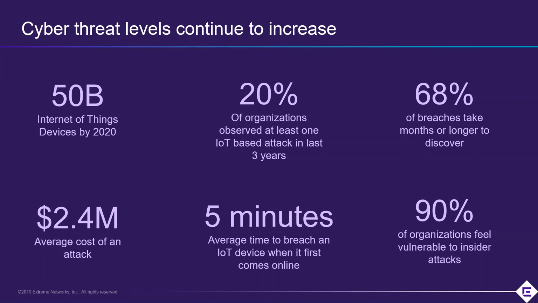Now move down, 5 minutes. Average time to breach an IoT device, particularly if it has the default passwords on. Now move over to the upper left-hand side, 68% of breaches take months or longer to discover. These are bad numbers. Anybody with a security architecture background would know that these are very bad numbers. This is an open attack vector in every sense of the word.